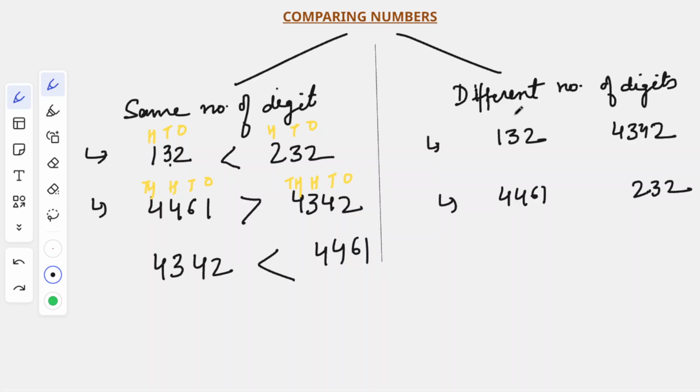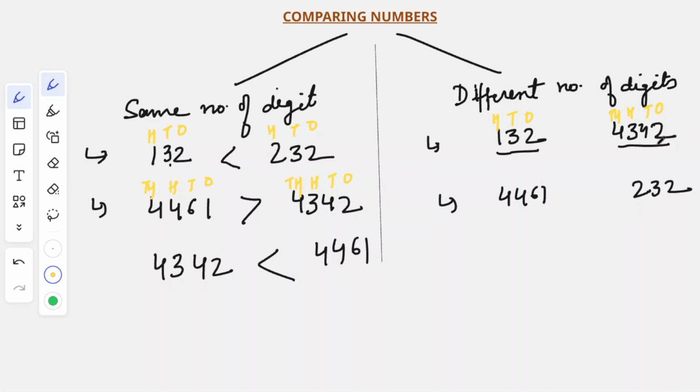Okay. Now we'll compare the numbers which are having different number of digits. So when it comes to 3-digit and 4-digit number comparison, we always see that this number 132 has only 3 digits, ones, tens and hundreds, whereas this number has 4 digits, ones, tens, hundreds and thousands.